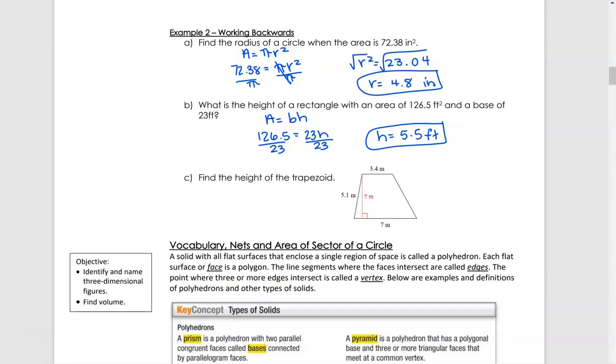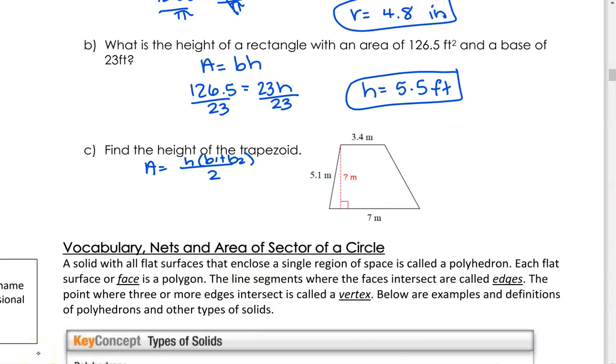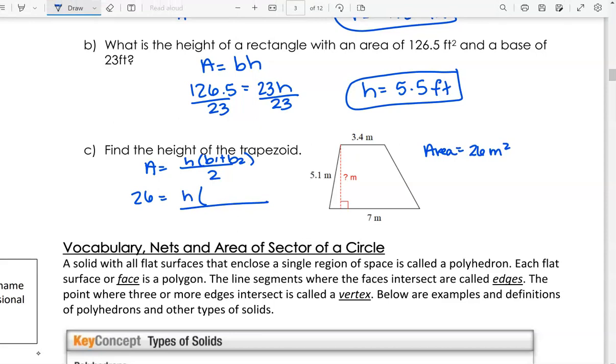All right, and then we have height of a trapezoid that we were trying to find. So again, area equals height times b1 plus b2 over 2. Oh, I covered up my area, so let me actually give that to you. It got cut off, but its area is 26 meters squared. So we're going to replace the area with 26, and we're going to leave the height as h, and then b1 and b2, 3.4 and 7 for our bases.